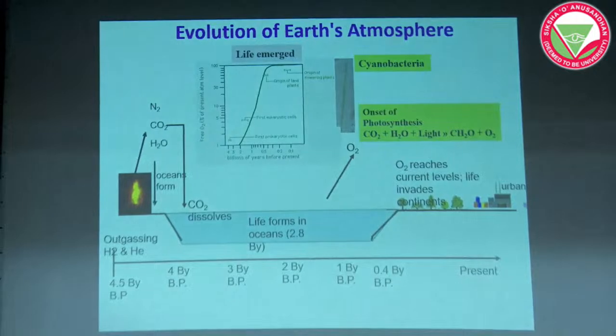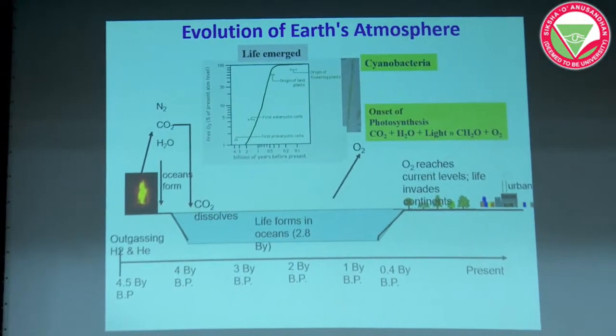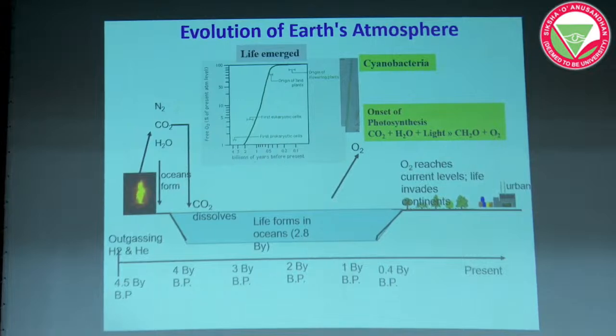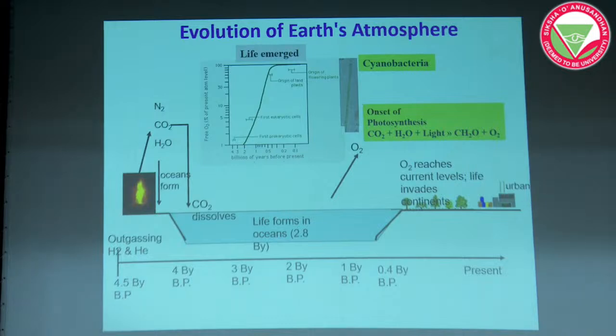Now let us see how it evolved over about 4.5 billion years. When we first got the globe, we had gases like hydrogen and helium. There was no oxygen and no water, so obviously there was no life. That is how the atmosphere started 4.5 billion years ago.